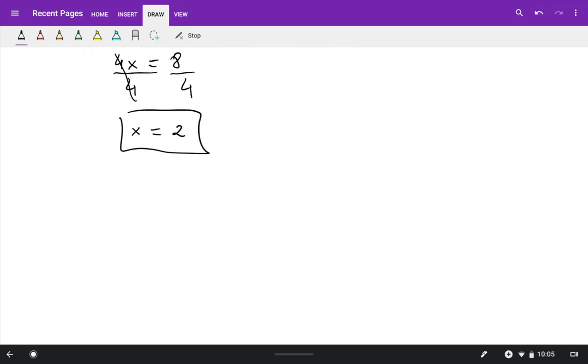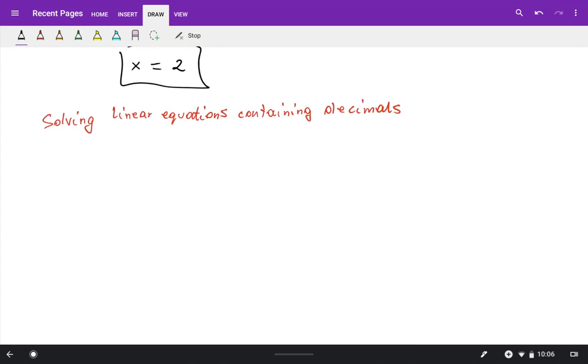So let's continue. Next, we're going to focus on solving linear equations containing decimals. Okay, so I'm just going to write a note for you because we follow the same steps.